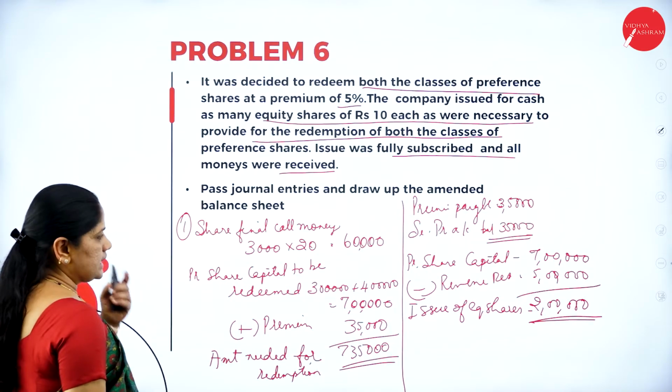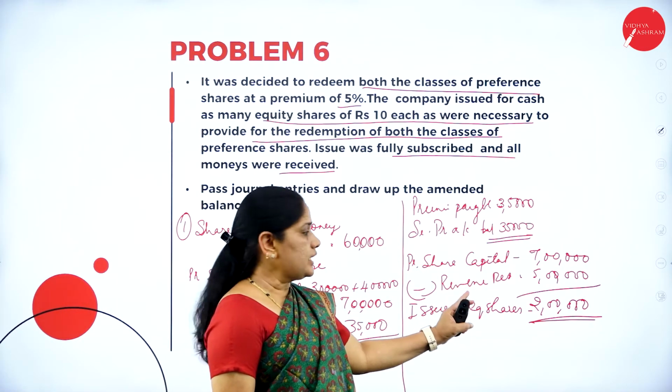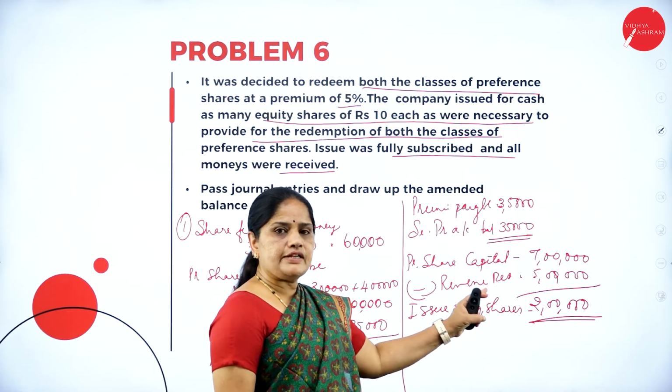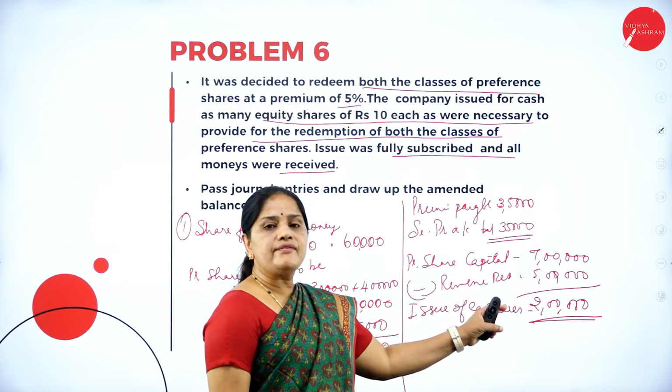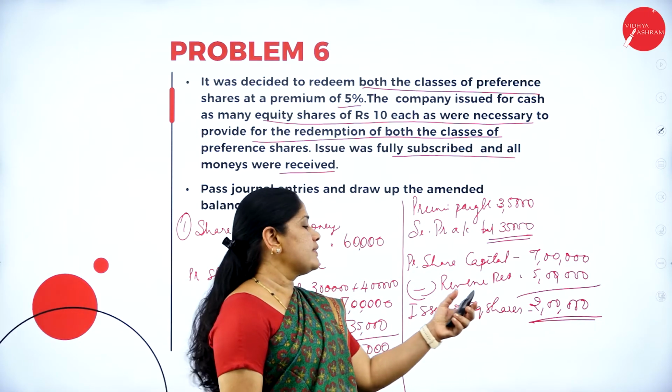Now, the next thing is we have this preference share capital. I am making use of the revenue reserve, that is a divisible profit. So, I have to transfer that revenue reserve to capital redemption reserve account.